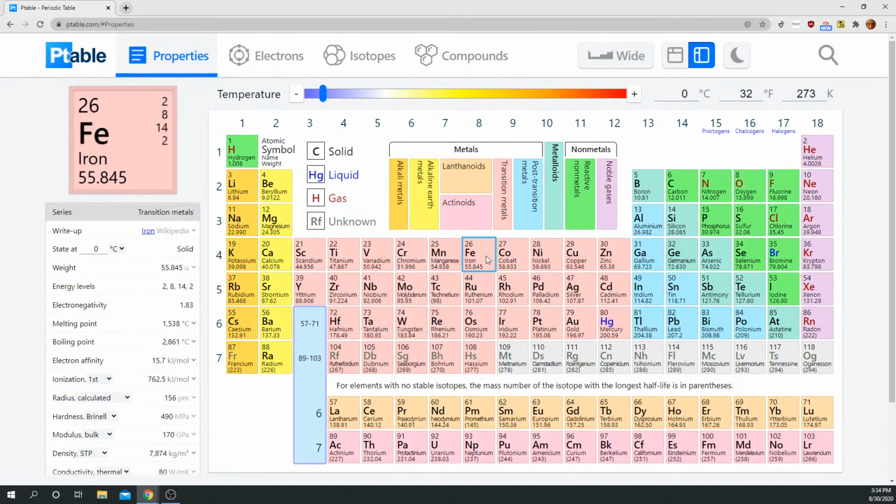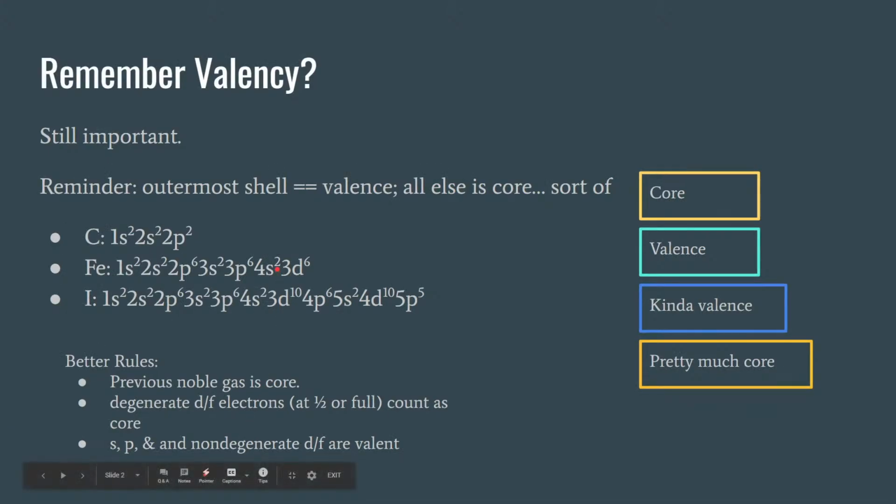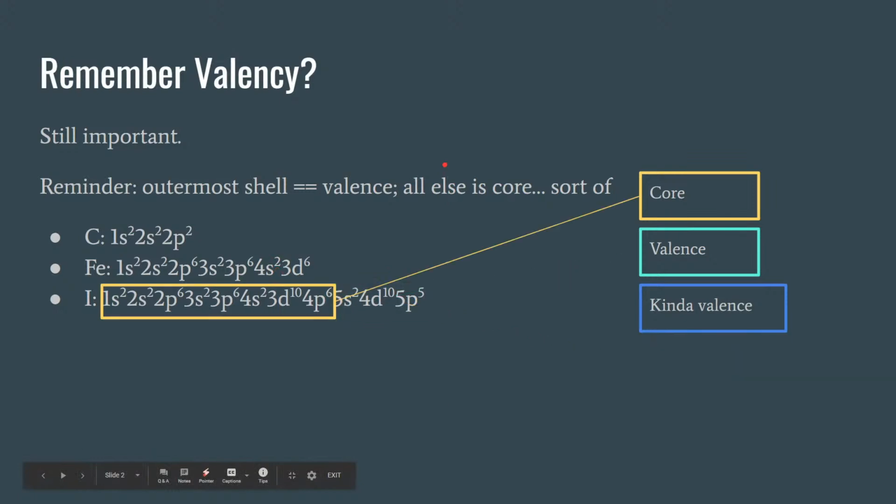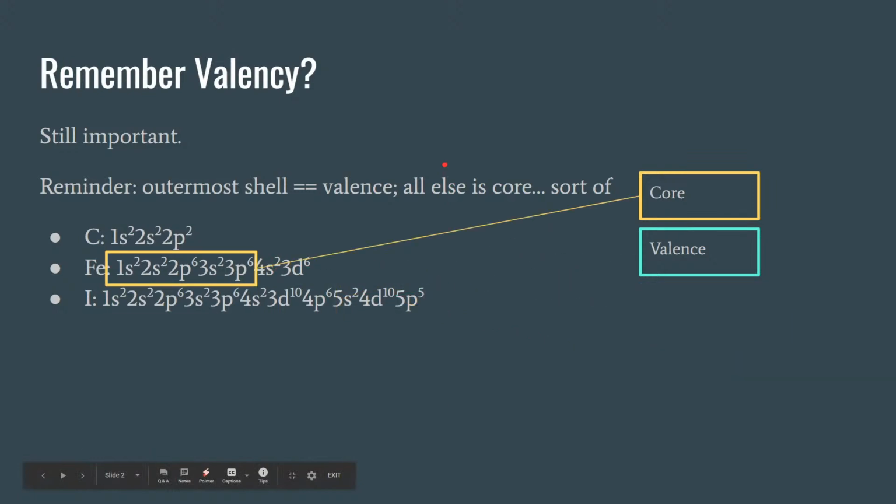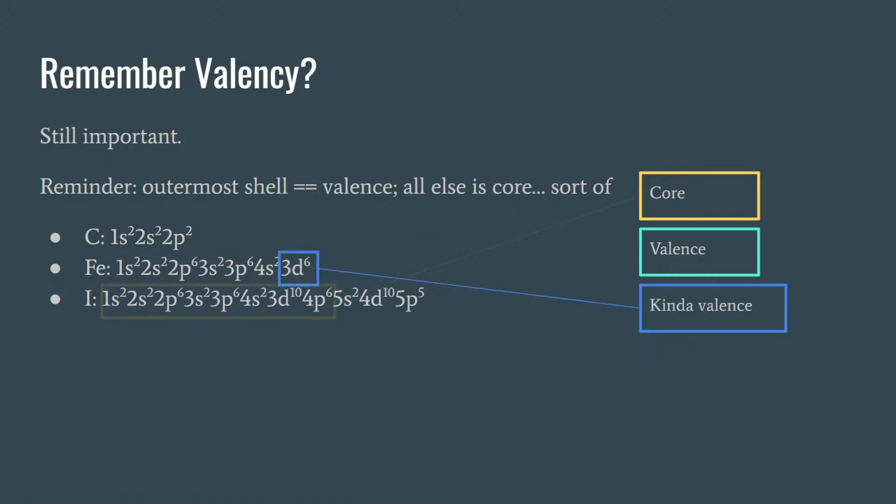So, again, looking at iron, the previous noble gas, argon, the first 18 electrons, definitely core: 1s2, 2s2, 2p6, 3s2, 3p6. That is the electron configuration of argon, previous noble gas, definitely, absolutely core.